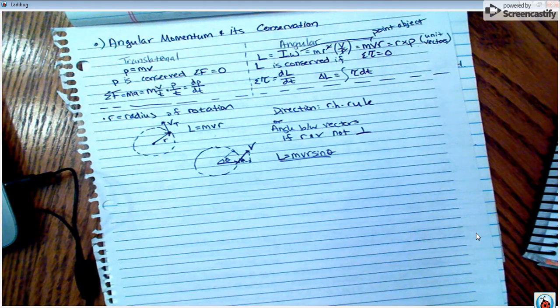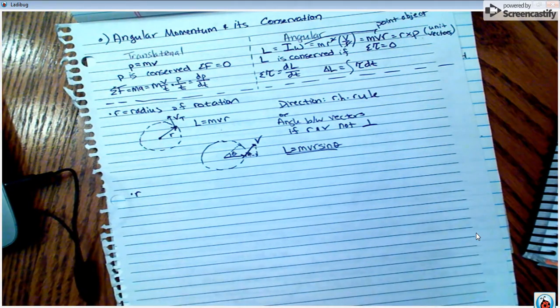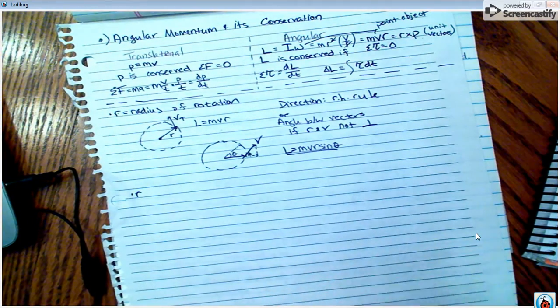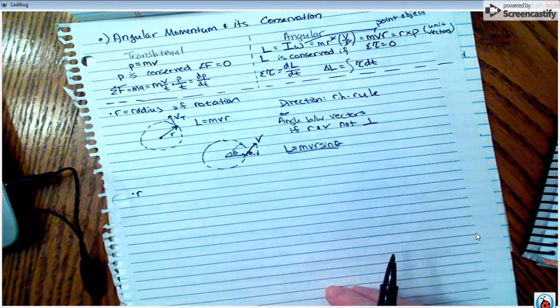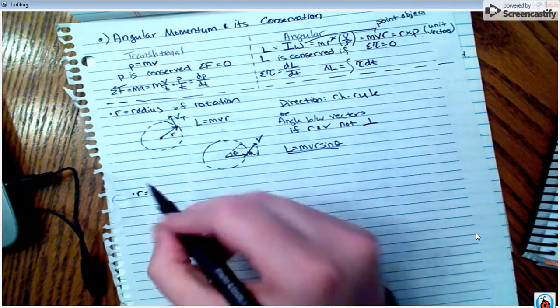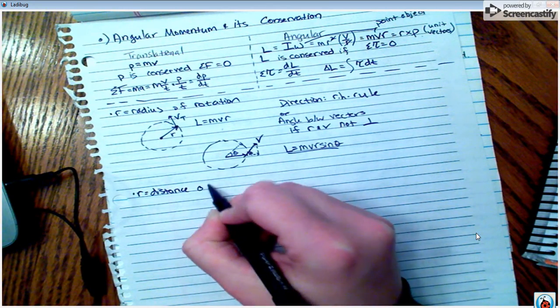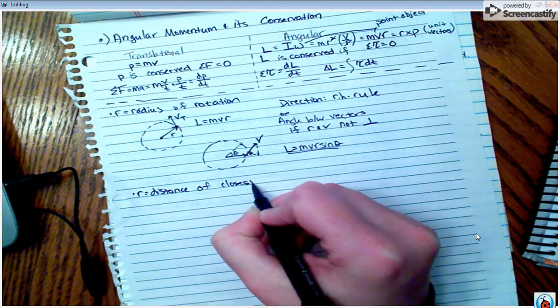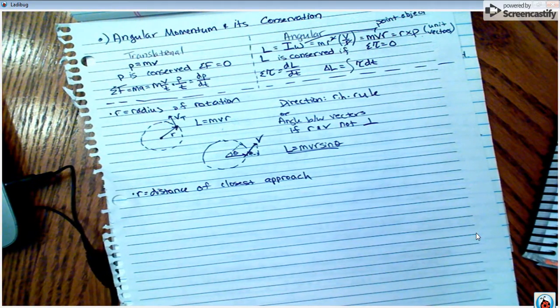So that's our expanded version of that equation when the velocity is not perpendicular to the radius. Okay, so why are we even specifying what r is? This is silly. Well, because an object doesn't have to be moving in a circle to have angular momentum. In that case, the radius is the distance of closest approach. Okay, what the heck does that mean?